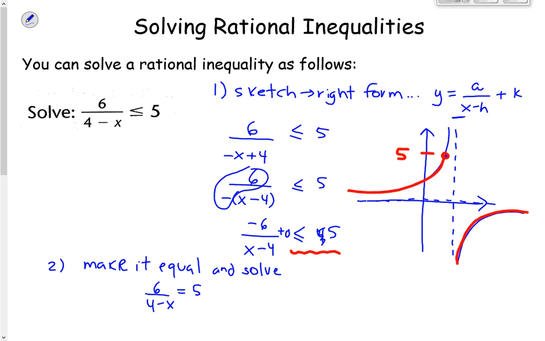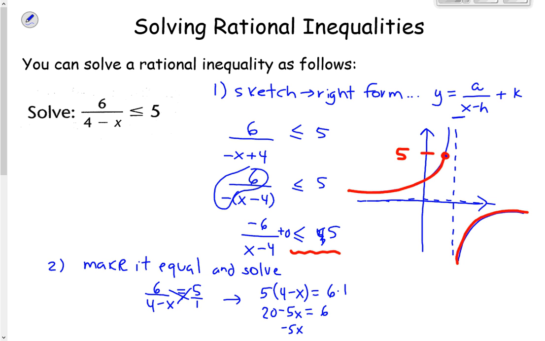Now, how do you solve this? 5 is over 1, so you can cross-multiply: this times this equals this times this. So it's going to give you 5 times 4 minus x is equal to 6 times 1. So you have 20 minus 5x is equal to 6. And then you can move your 20 to the other side.